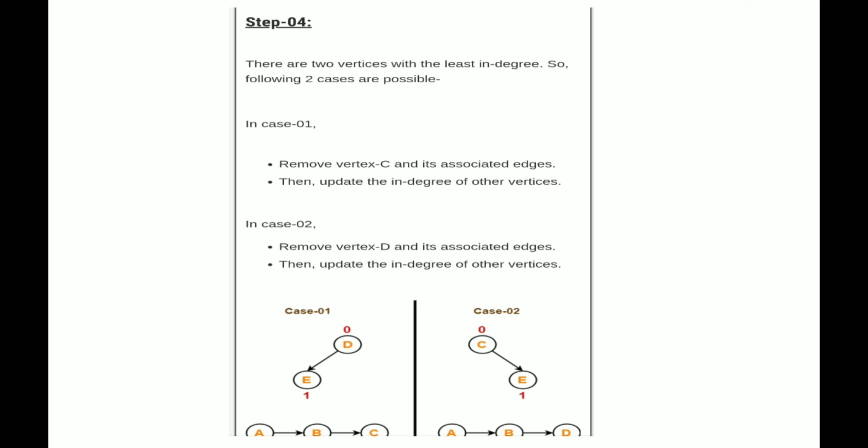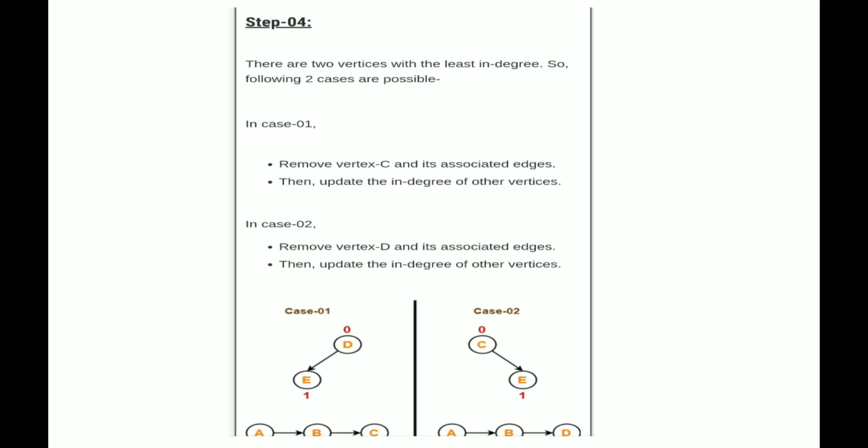Now, after removing either C or D, in case number 1, we have only two vertices, D and E. D doesn't have any incoming edges, so the in degree of vertex D is 0. The vertex E is having only one edge, so the in degree of vertex E is 1.